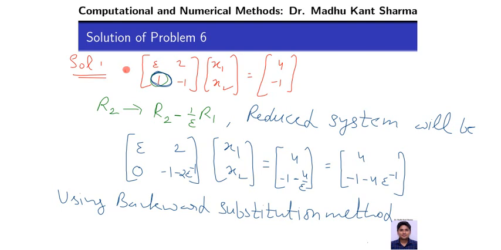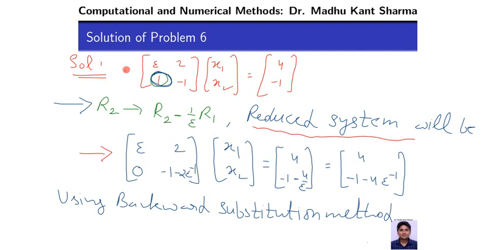For doing the same, you perform the following step: R2 is changed into R2 minus 1 by epsilon R1. Then you will obtain the following reduced system.